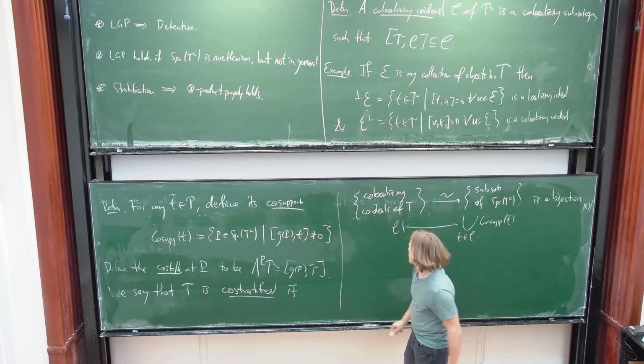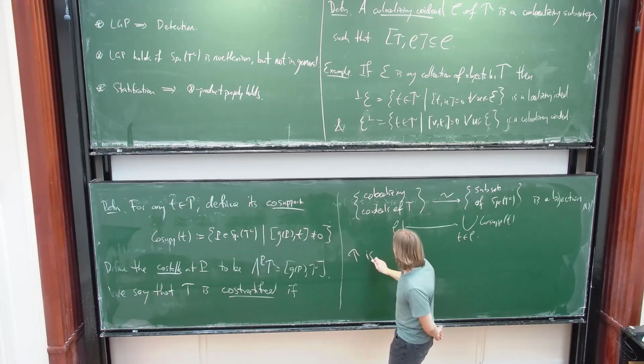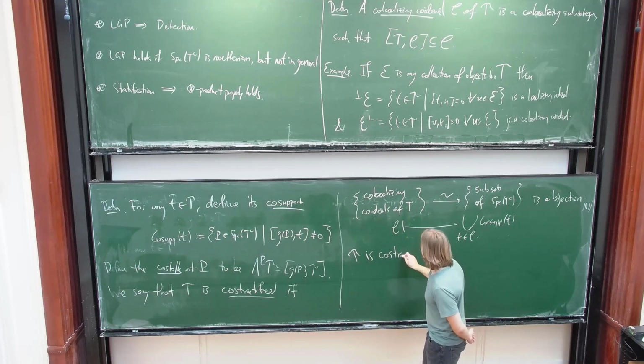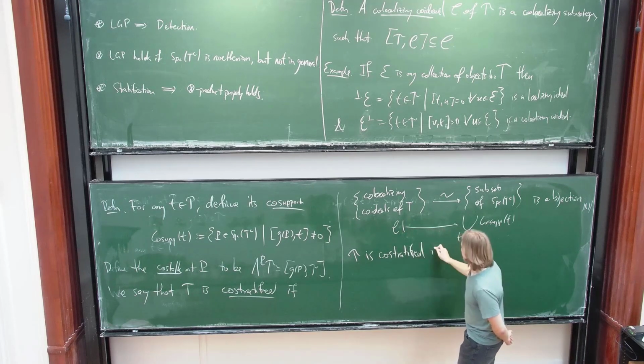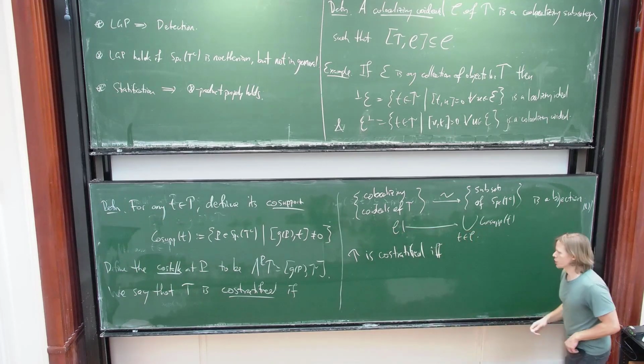You can prove that T is co-stratified if and only if two conditions hold.